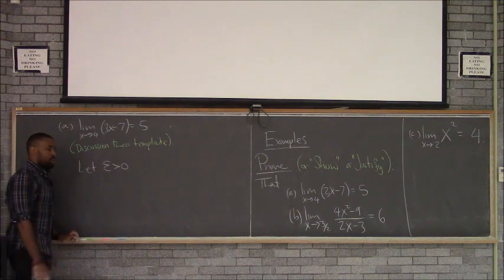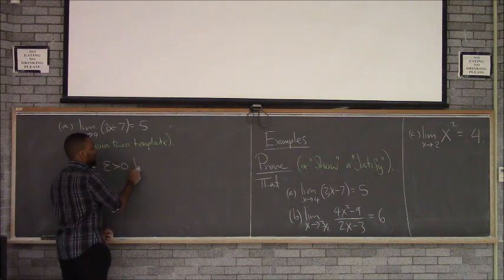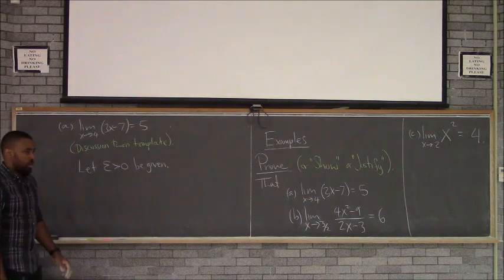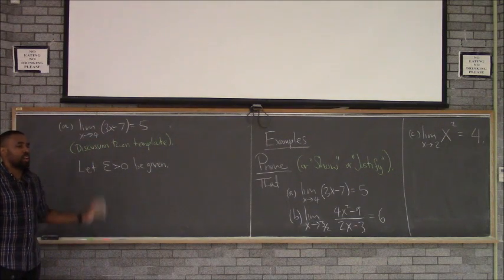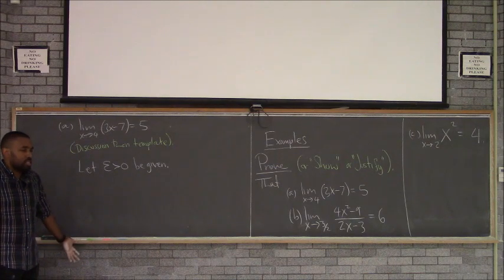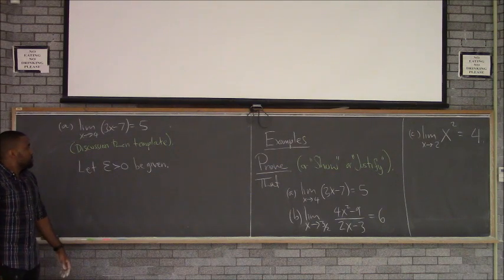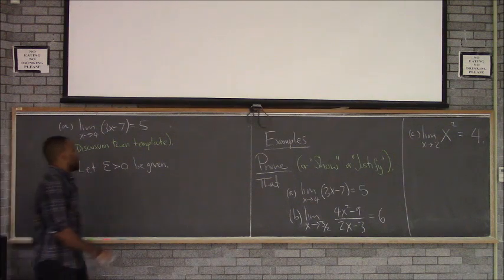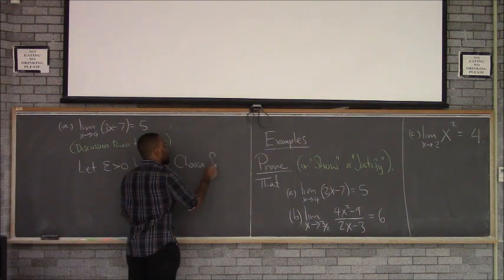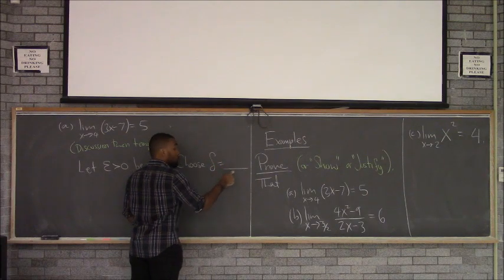Let epsilon be greater than 0, and sometimes people like to put "given." So let someone give me whatever epsilon they want. I don't care what they give me. Tell me any positive distance that's close enough for you. What you're going to do is then choose your delta equals this thing. We're going to figure that out.